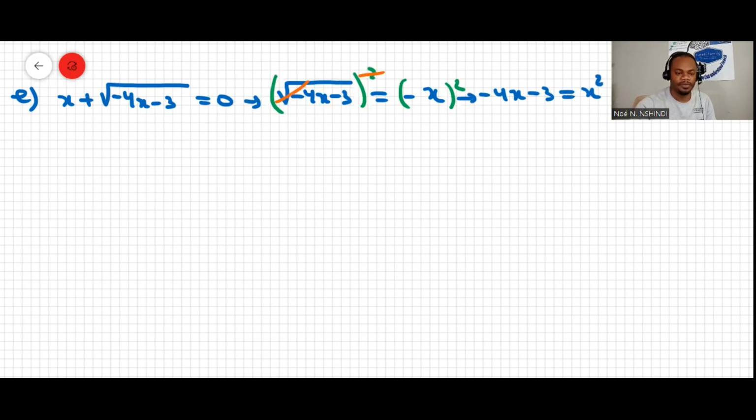Now, if we move everything from the left to the right and write them all to the left, that makes x squared plus 4x plus 3 equal to 0.